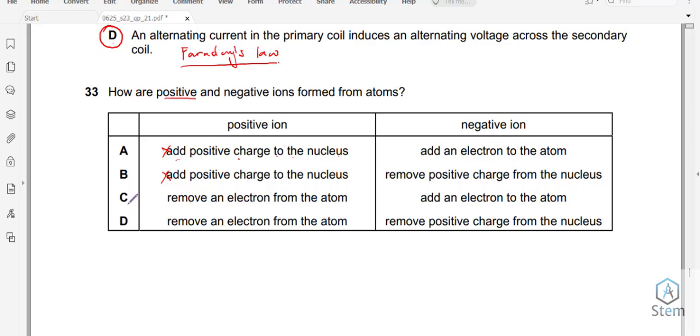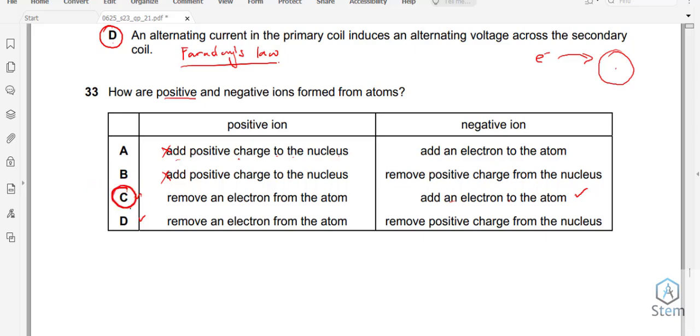Remove electrons from, so C and D are the only remaining options here. The negative ions. During chemical reactions, we see electrons moving to some atoms. This makes the atom have more electrons than protons. So add an electron to the atom. This is correct.